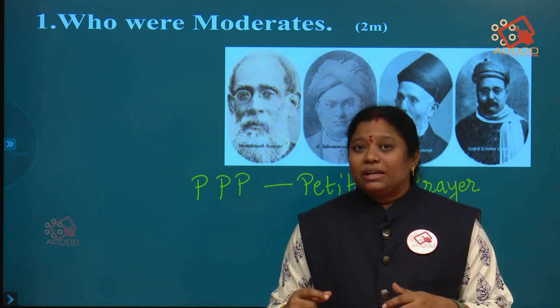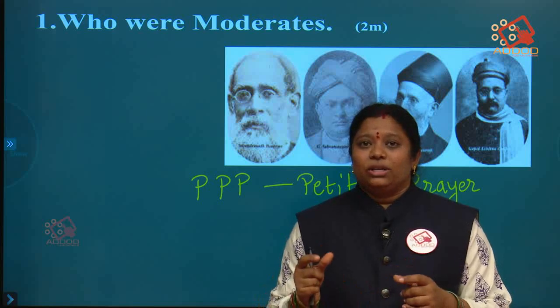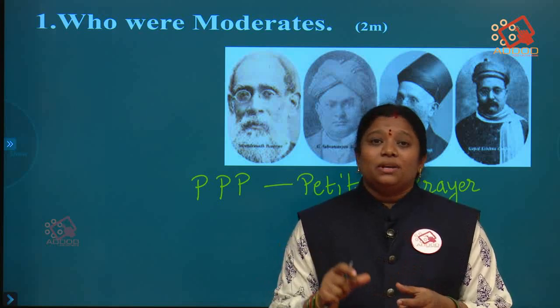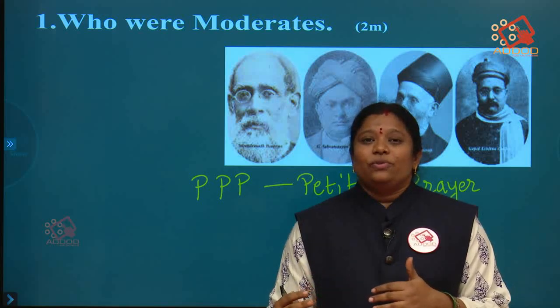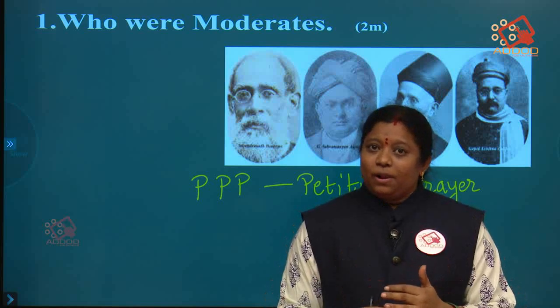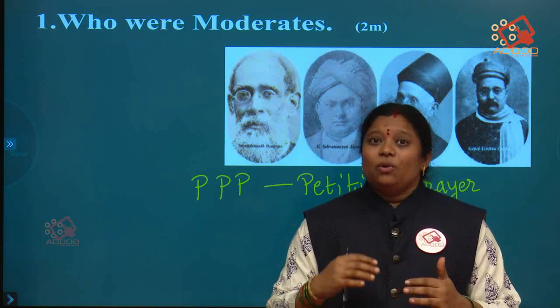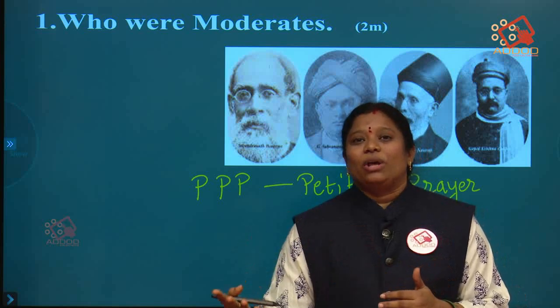So he gave a clear description. Not only that, he asked the Britishers to help the Indians with the proper utilization of their resources also. In this way he wanted to awaken the people. At the same time, he wanted the Britishers to help the Indians improve their resources and get wealth also.